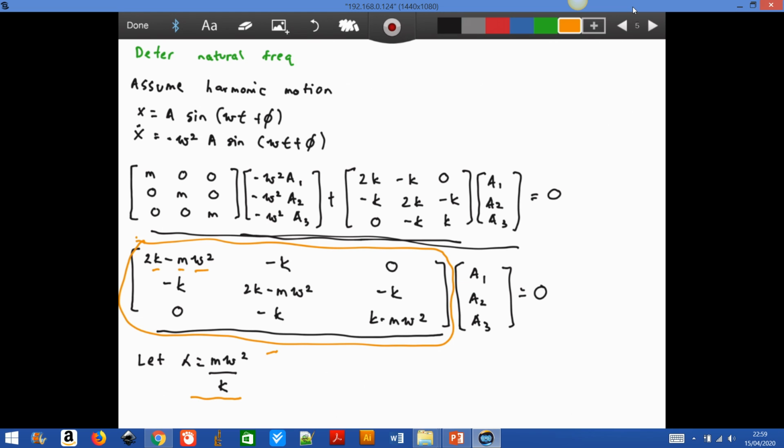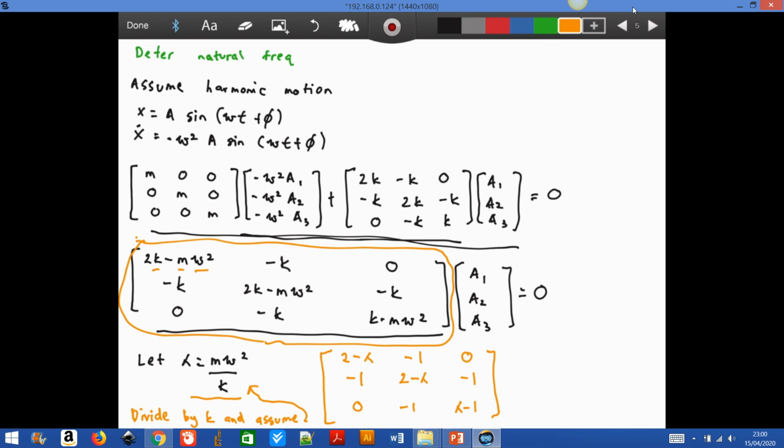If we divide everything by k first, and assume lambda equals m omega squared over k, it will become 2 minus lambda, minus 1, 0, minus 1, 2 minus lambda, minus 1, 0, minus 1, lambda minus 1 (i.e. 1 minus lambda).